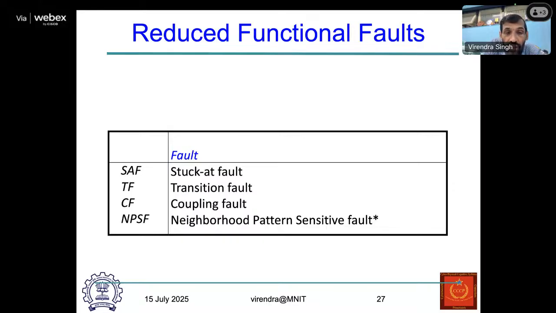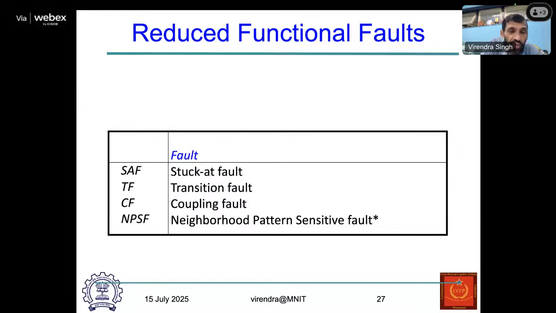This doesn't mean that if I provide the input infinitely long, at some point in time it will not transit from 0 to 1. However, in the short period of time in which your circuit is operating, see, the aim of the testing is to check whether your circuit works correctly when you want to use it functionally in the field. Functionally in the field means with the rated clock that you are using.